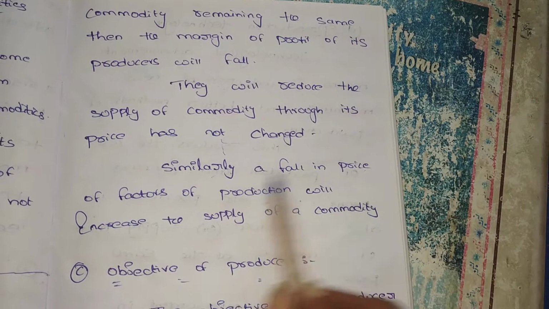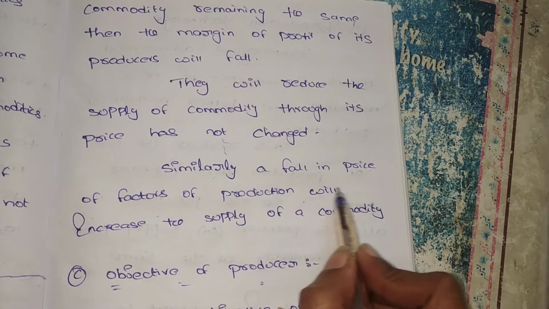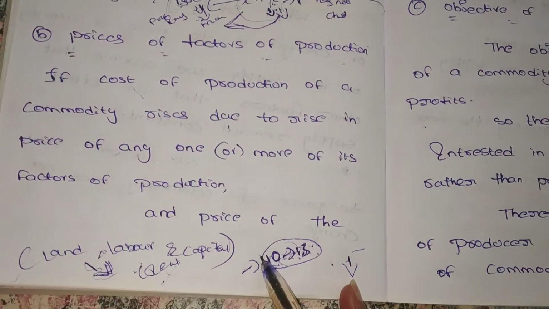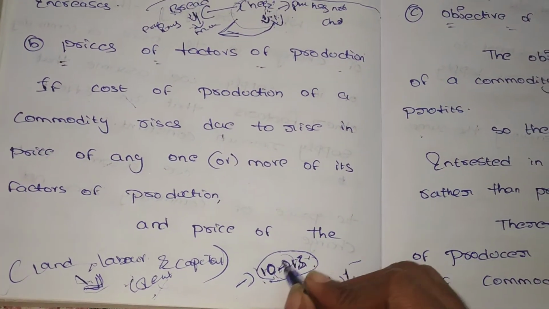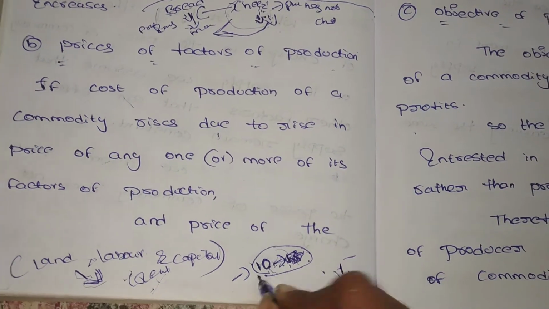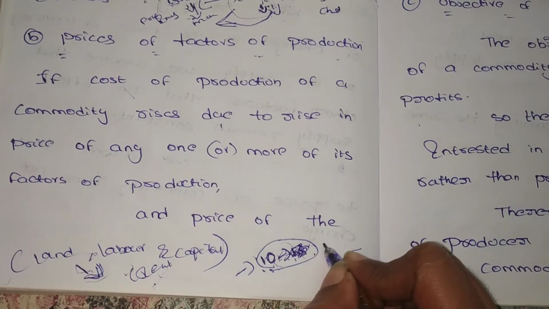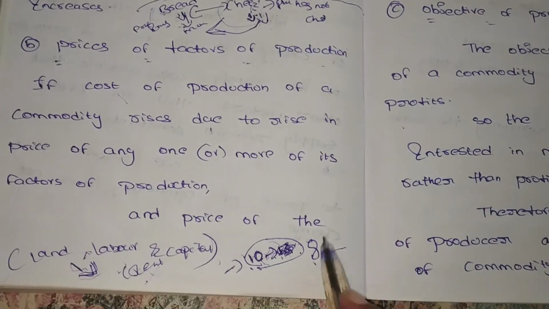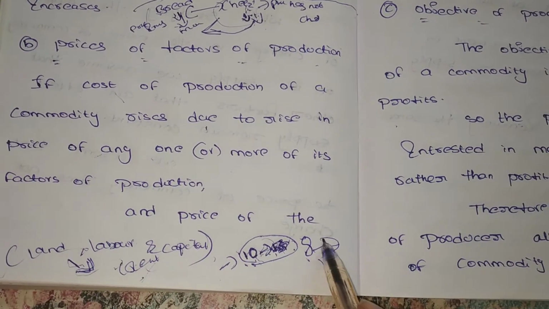Similarly, a fall in the price of a factor of production will increase the supply of the commodity. Obviously here the rent cost is decreased, so our cost of production of 10 rupees becomes 8 due to the decrease in rent. So similarly the producer gets profits, and they will produce more commodity.